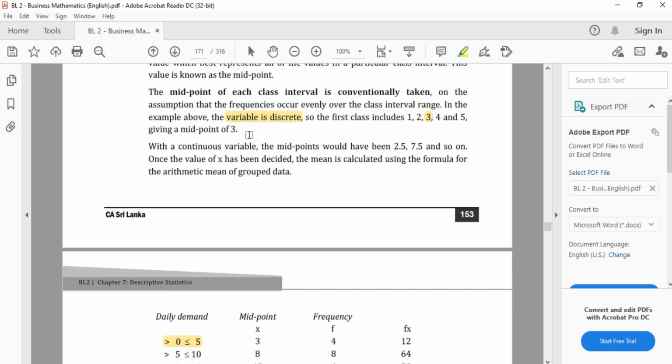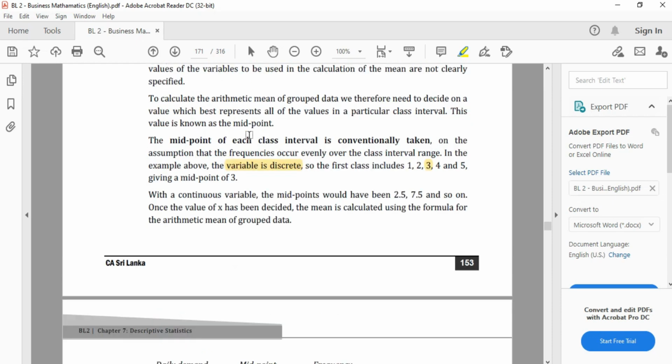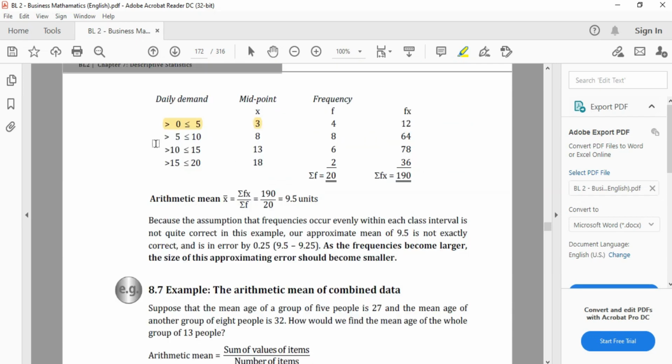So once you decide your midpoint only, we will determine the mean. So 3 is the midpoint for this class. Now this class is greater than 5 and less than or equal to 10.